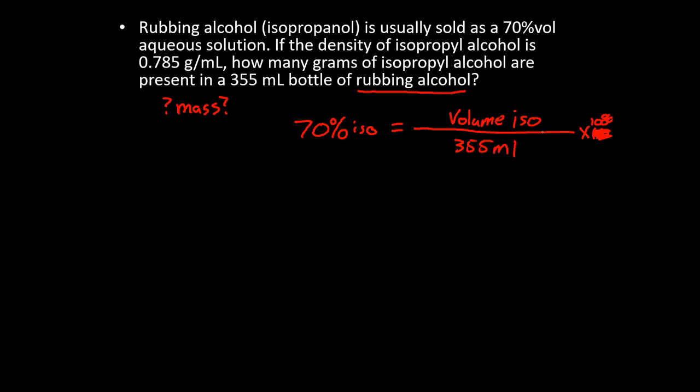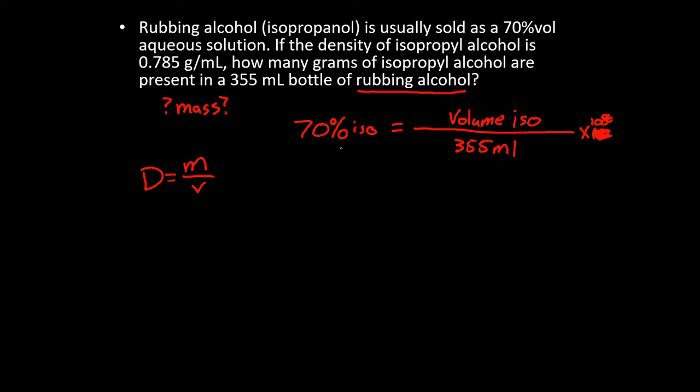So, if we can solve this to get the volume of the isopropyl alcohol, then we can use the density to convert volume into mass. Because remember, density is the mass divided by the volume. Density is essentially a conversion factor between mass and volume.